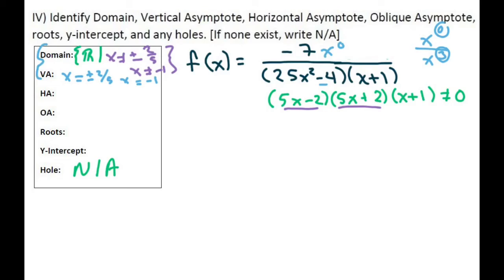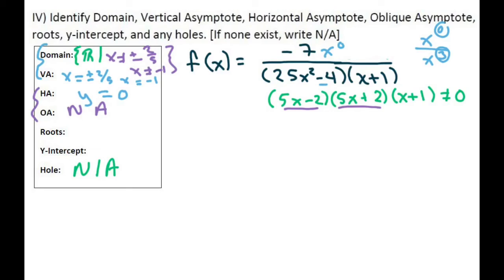So that means I have a horizontal asymptote at y equals 0. That means if you take a limit here, the denominator gets extremely large, and the numerator actually in this case stays the same, so it gets closer and closer to 0. Now if we have a horizontal, that means we don't have an oblique. You can only have one or the other.